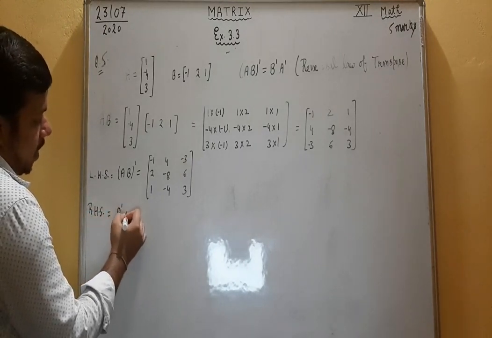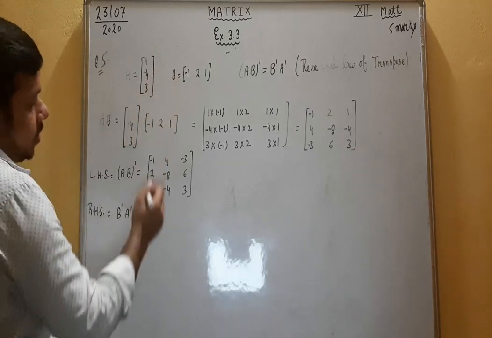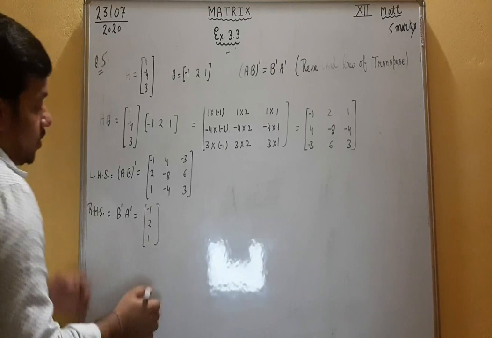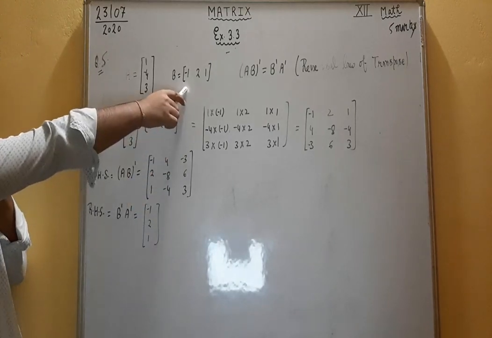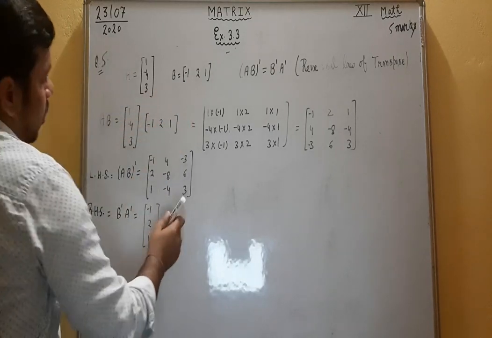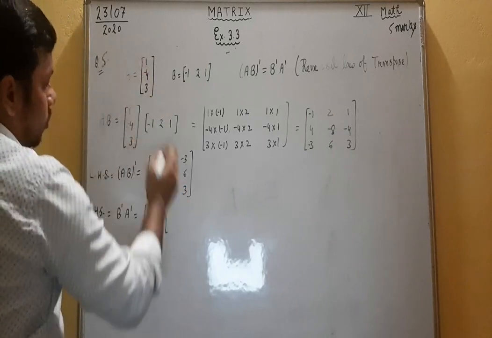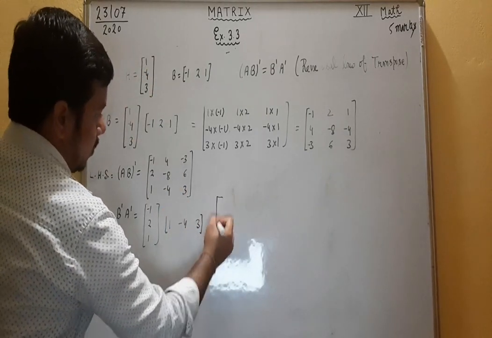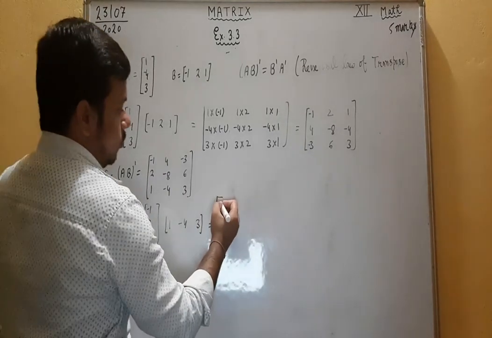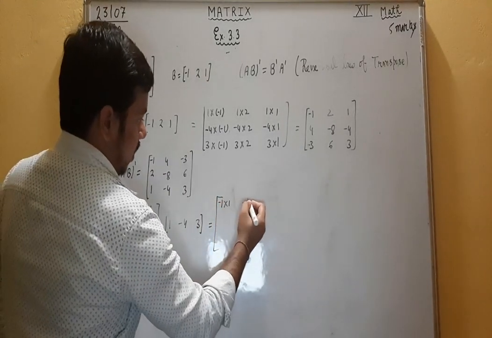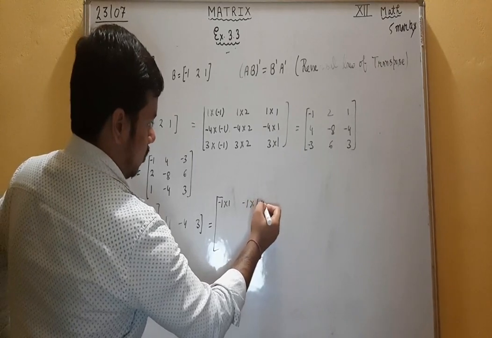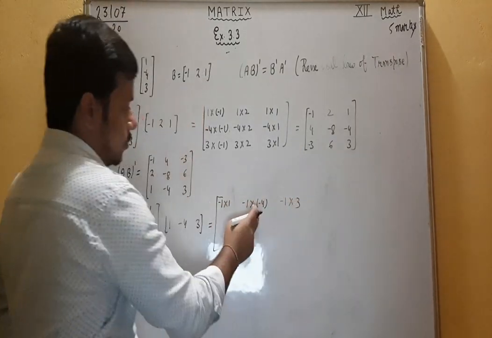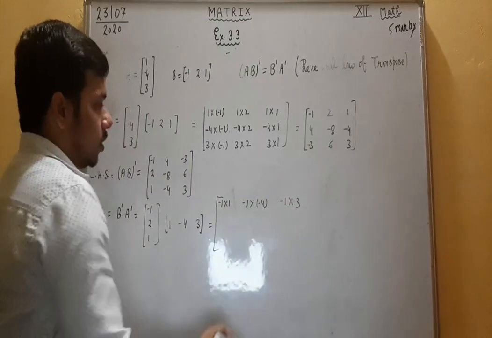RHS is what? B dash A dash. B dash is [minus 1, 2, 1] as a column. See, the transpose of the row matrix is equal to the column matrix, and the transpose of the column matrix is equal to the row matrix. Minus 1 into 1, minus 1 into minus 4, minus 1 into 3: first row, first column, first row, second column, first row, third column.